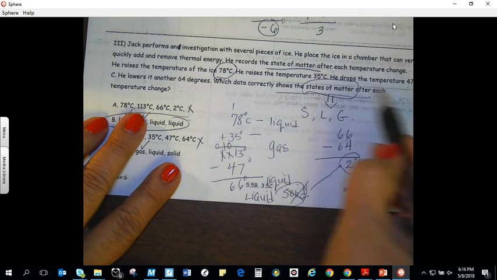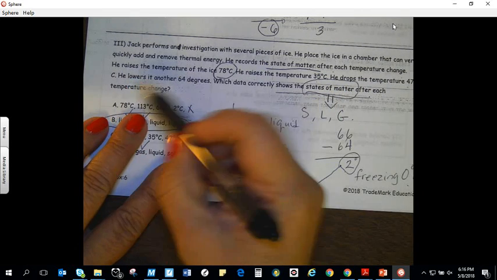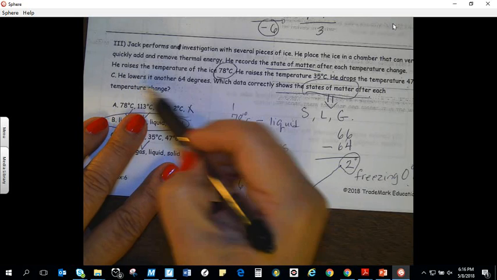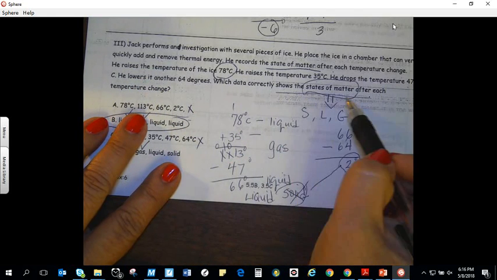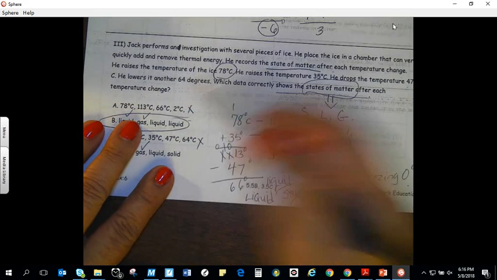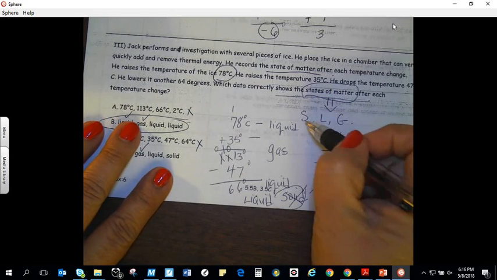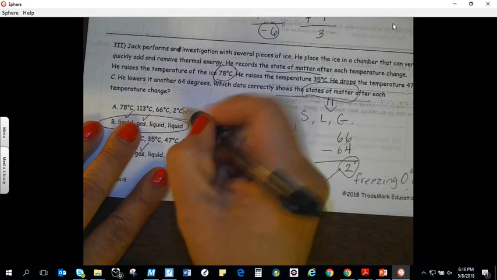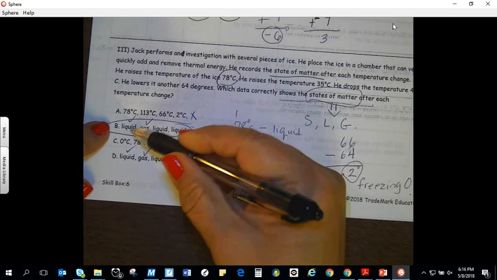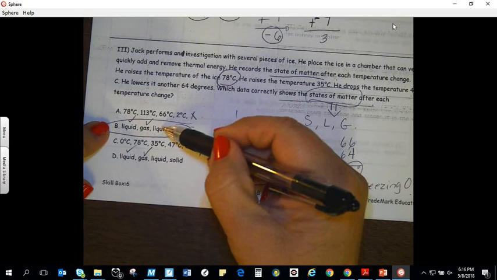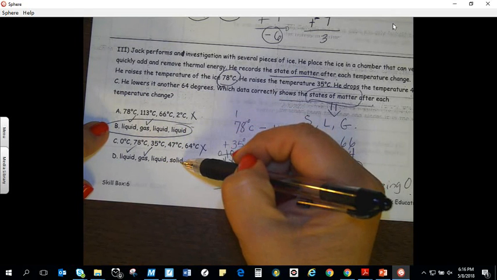He drops the temperature 47 degrees Celsius, and he lowers it another 64 degrees Celsius. Which data correctly shows the states of matter after each temperature? States of matter, my friends, is solid, liquid, and gas. So we're going to eliminate the temperature ranges because it's not asking us the temperatures that he was doing it. Now we're left with liquid, gas, liquid, liquid, and then this is solid.